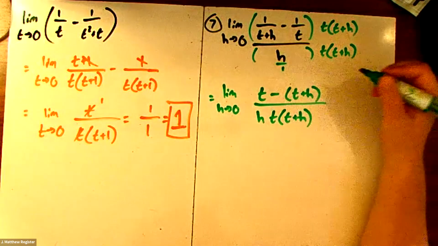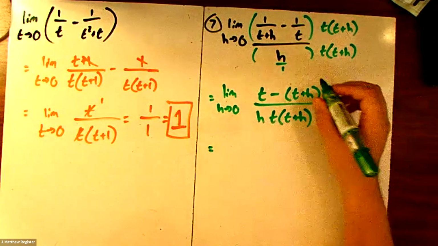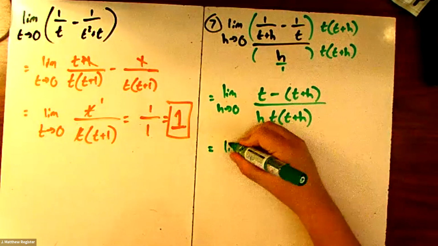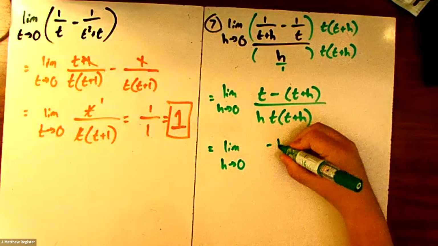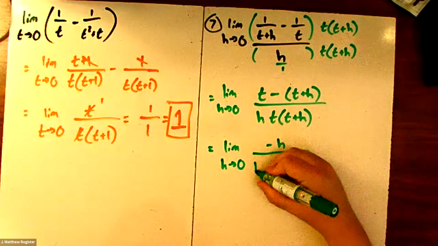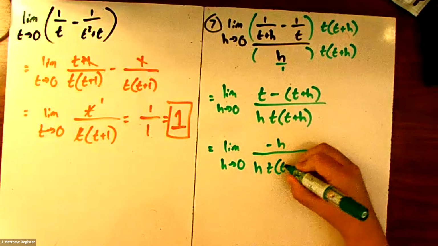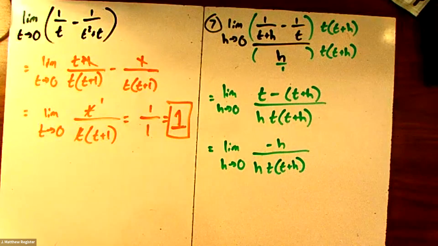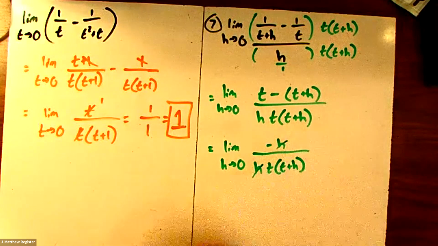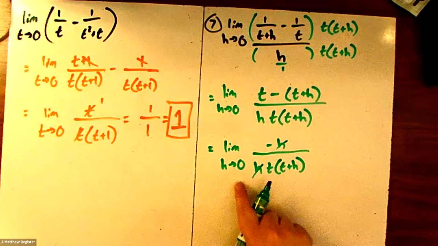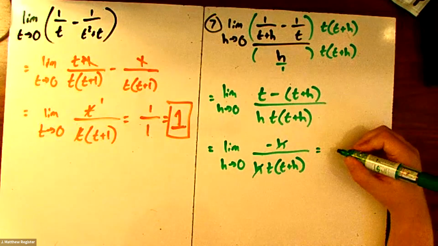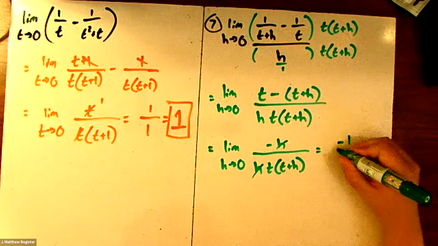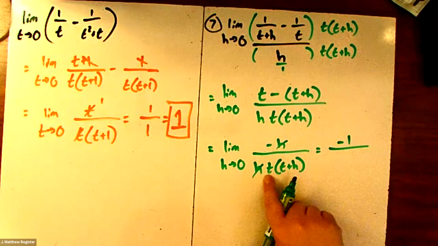Distributing the minus sign, we will get the t's canceling. But then we'll be left with a negative h in the numerator. Our h's then cancel. And now we can plug the 0 in. When we plug the 0 in, we'll have negative 1 on the top.